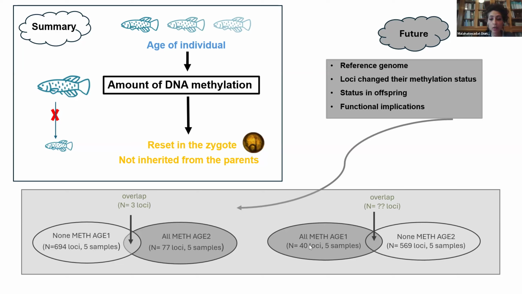If there are any loci that from age 1 to age 2 become unmethylated. And we want to see if the status of methylation in parents is the same as in offspring. And also we are interested in the functionality of these genes using the reference genome.